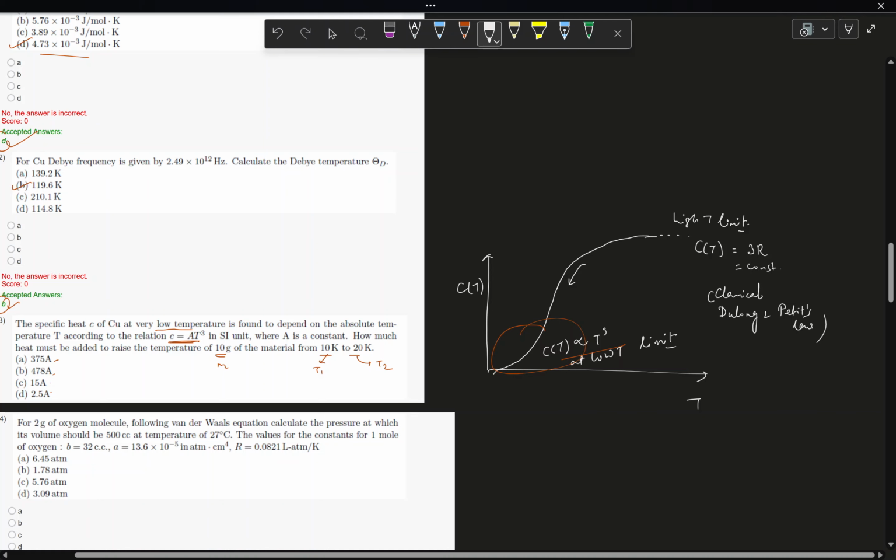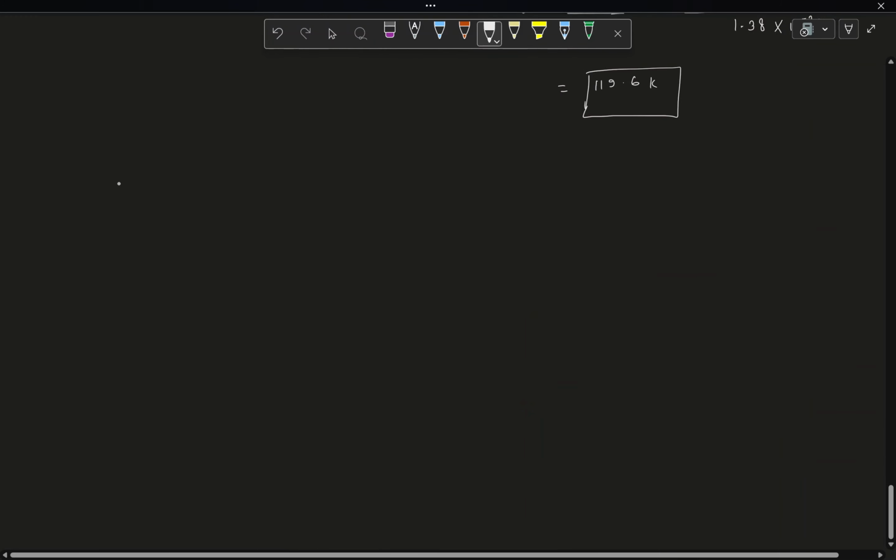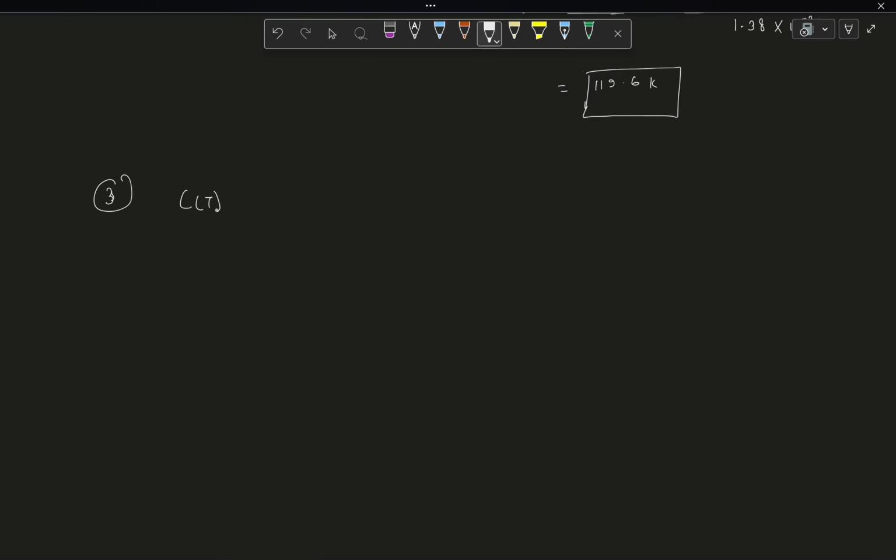We will not get into that, but let us try to solve the problem: you have specific heat C equal to A times T cube at the low temperature limit, right, where A is a constant that we don't know the value of, and we don't try to get it.